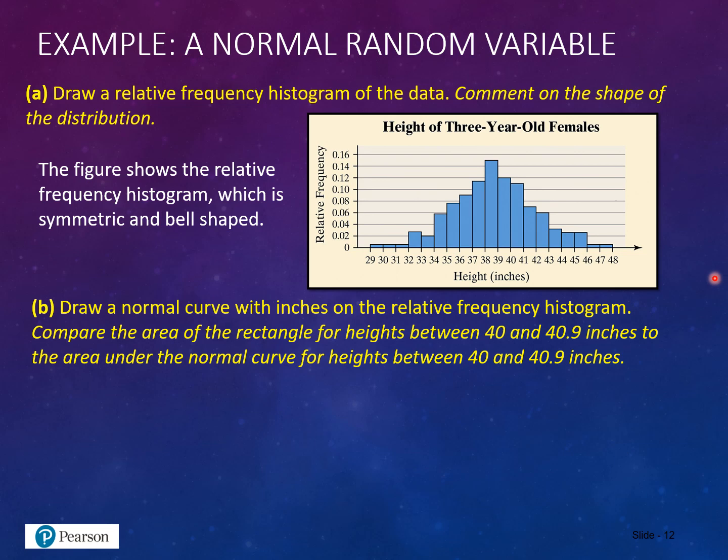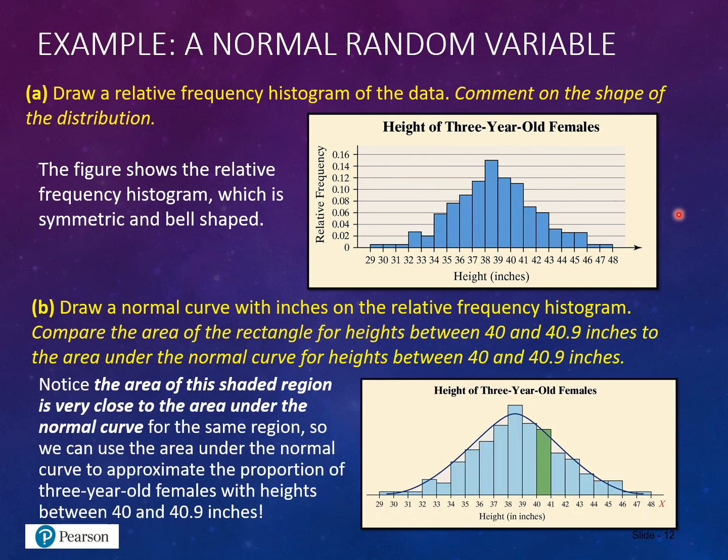Draw a normal curve with mu equals 38.72 and sigma equals 3.17 inches on the relative frequency histogram and compare the area of the rectangle for heights between 40 and 40.9 inches to the area under the normal curve for 40 to 40.9. So you can see that rectangle here in green in the bottom diagram, and then you can see the normal curve that they wanted us to create, okay?